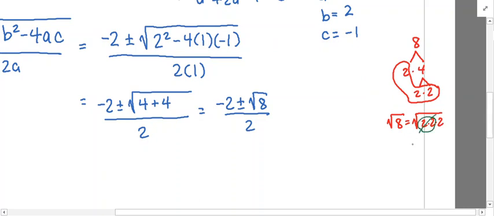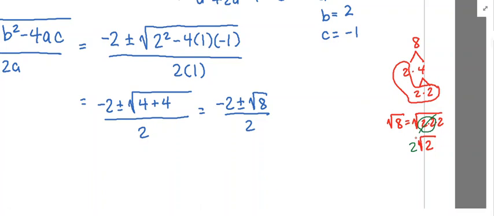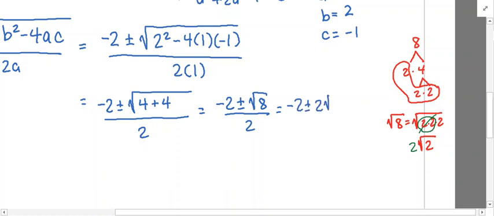Take out your pair of 2's, bring 1 out, and then you still have a 2 underneath. You can check the decimal approximations here. Square root of 8 is the same thing as 2 square root of 2. So if we write that in here, this is going to be negative 2 plus or minus 2 square root of 2 over 2. We need to divide each term in the top by 2, which is the denominator.